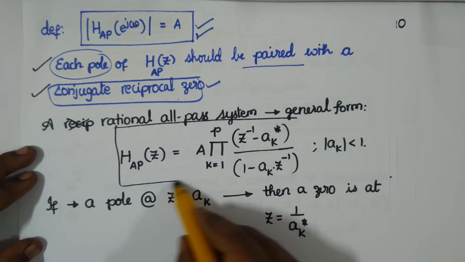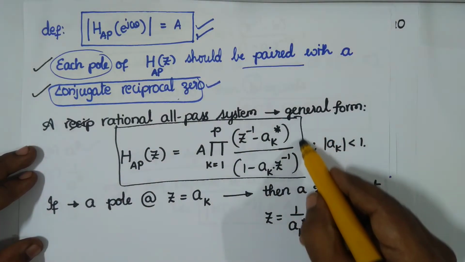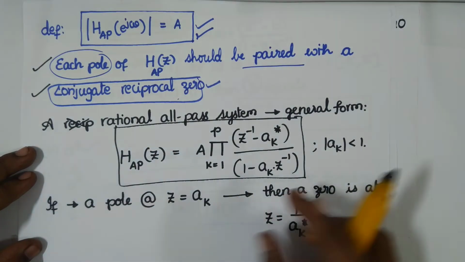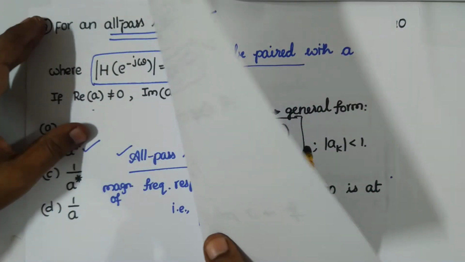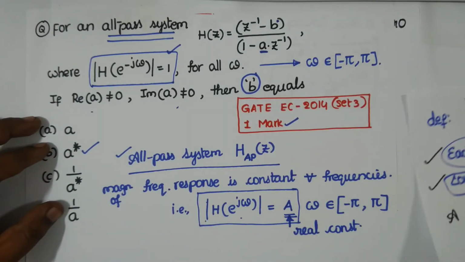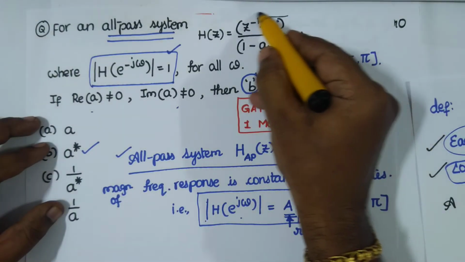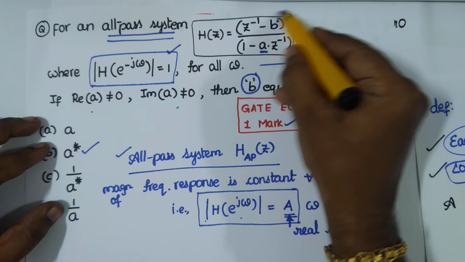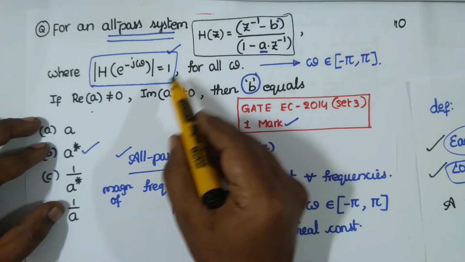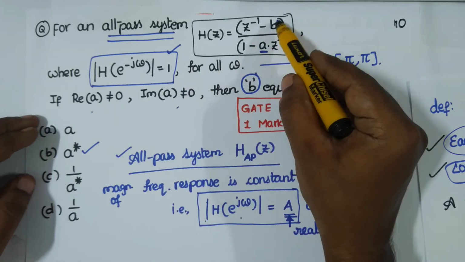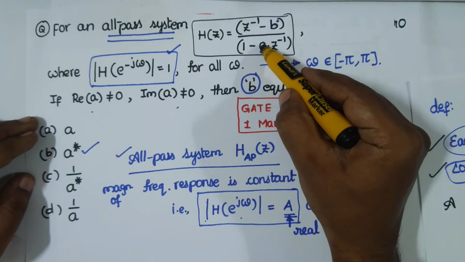Now out of this general form, we will construct a first order all pass system. Why will we construct a first order all pass system? Because in the given question you have a first order all pass system. Now whose frequency response magnitude must be equal to 1 when b is equal to a conjugation.